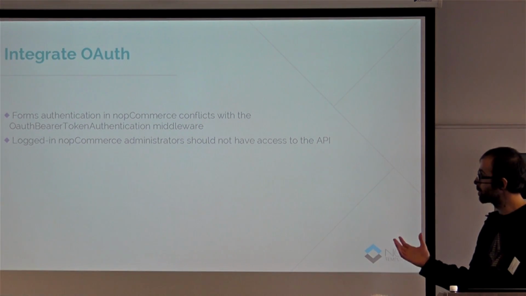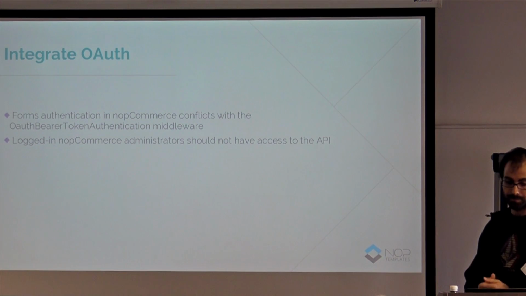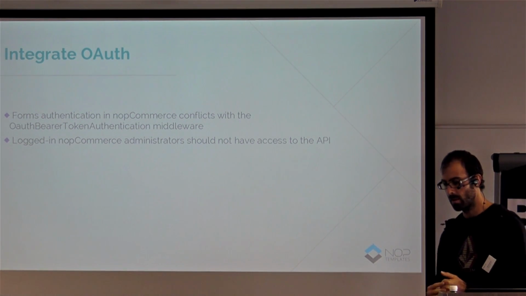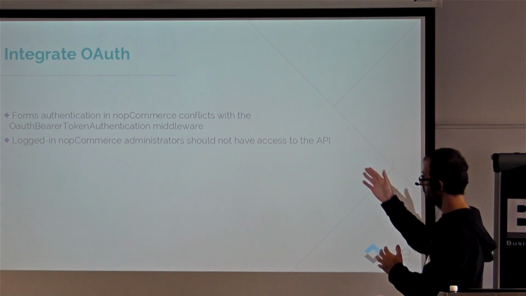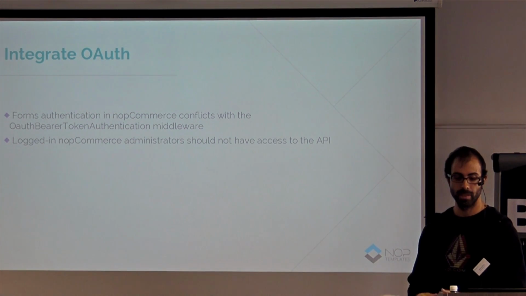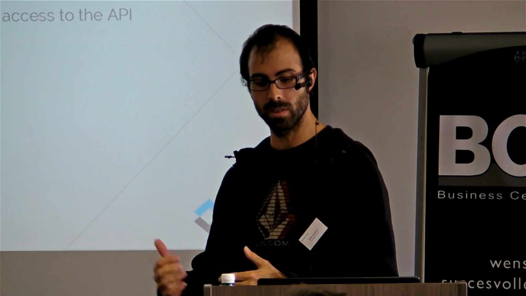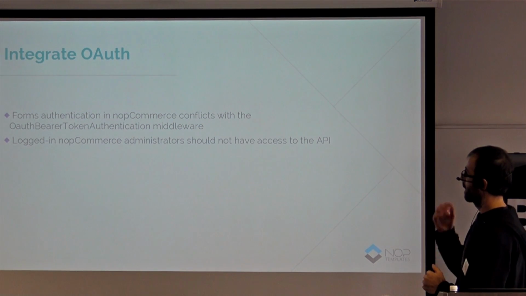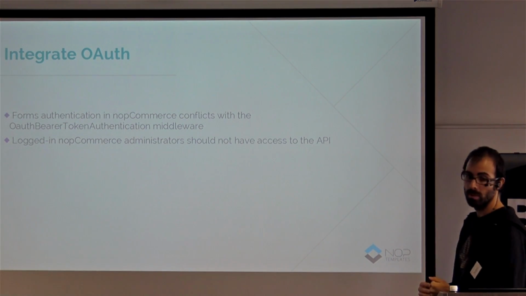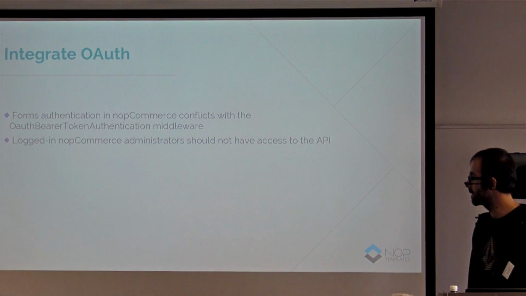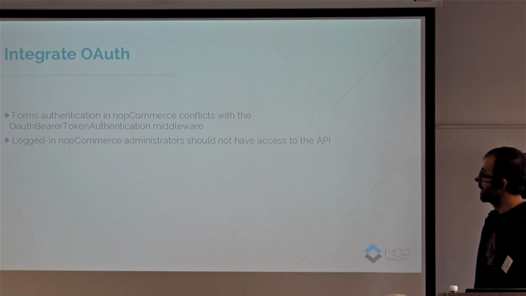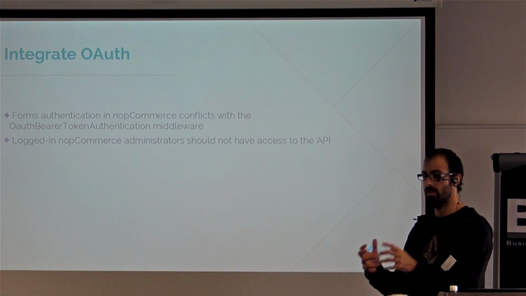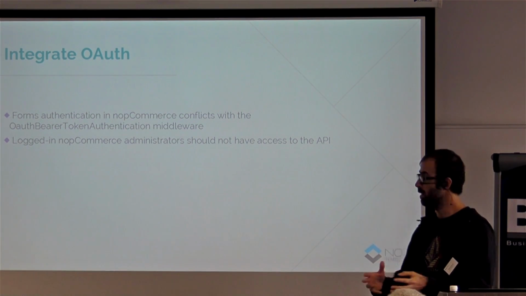And the most difficult problem to solve in our plugin was the authorization and the bearer token authentication of the requests. The Web API requests are being authenticated via bearer token, which is sent along with the requests. But this conflicts with the forms authentication in nopCommerce. If you can imagine, you have your nopCommerce store and you log in as the store owner with administrative credentials.